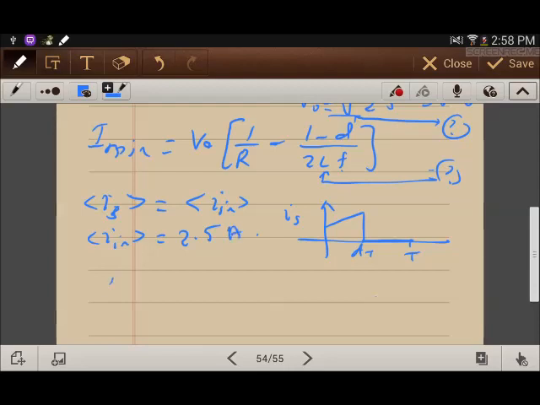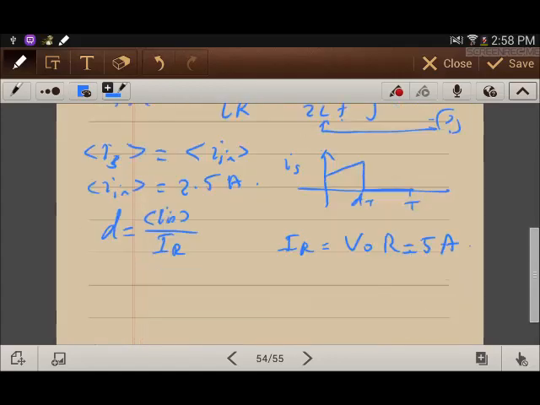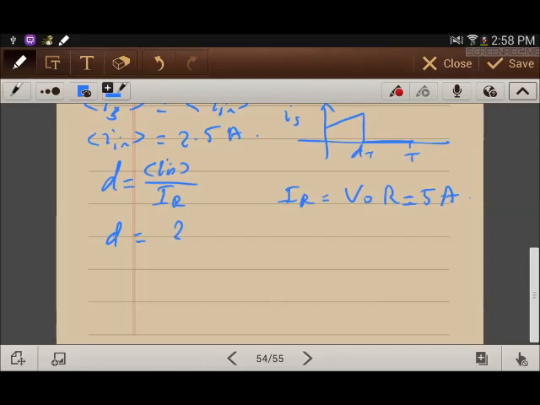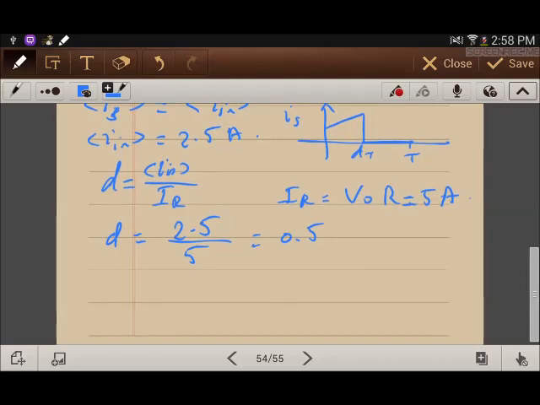So the duty cycle is the input current on average divided by the load current, and the load current is V out divided by R. V out is 5, R is 1, so it's 5 amps. Now D is equal to 2.5 divided by 5. I will get a duty cycle of 0.5 or 50%.